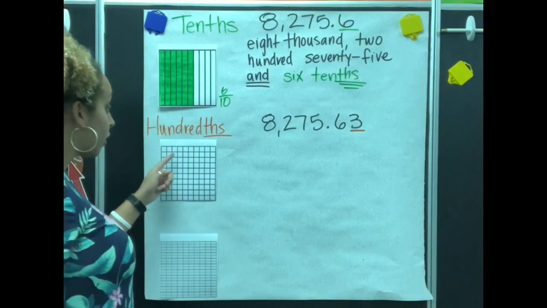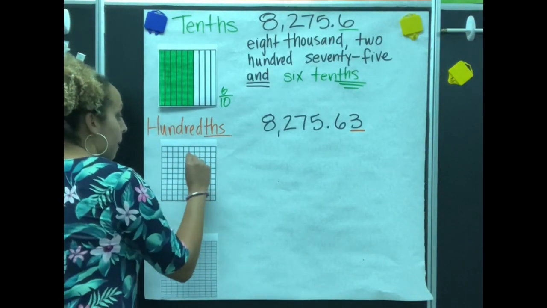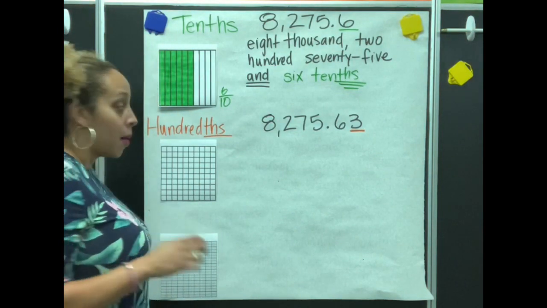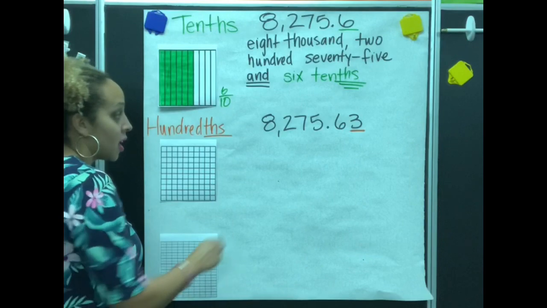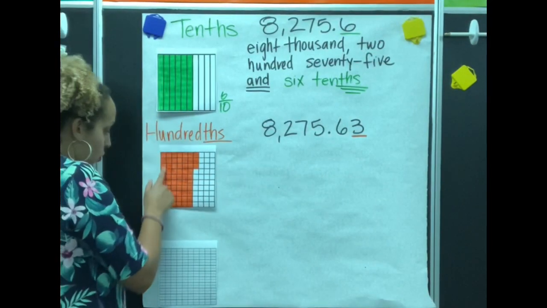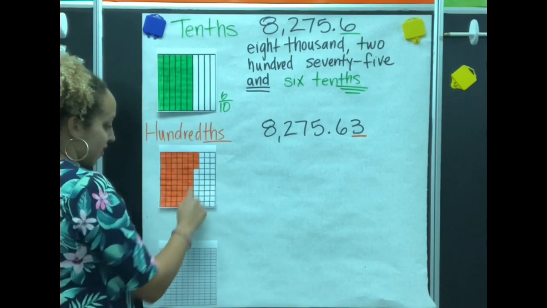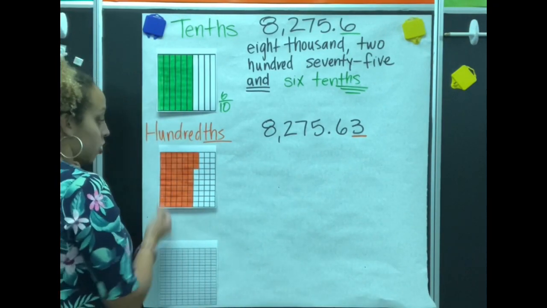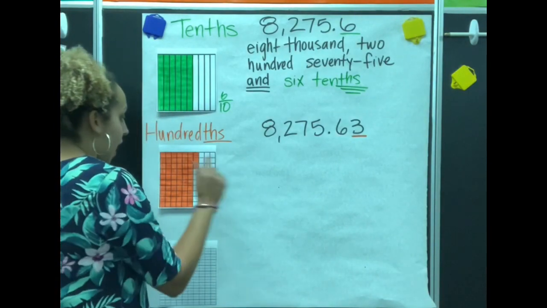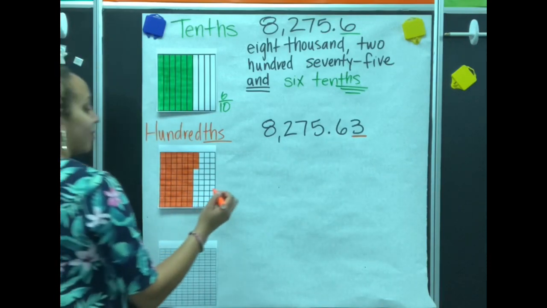So I'm going to color in 6 whole bars and 3 little boxes. So we've colored in 1, 2, 3, 4, 5, 6 bars, which have 10 each, and 10 times 6 is 60, and then 1, 2, 3. We've colored in 63 hundredths. That's what that means.